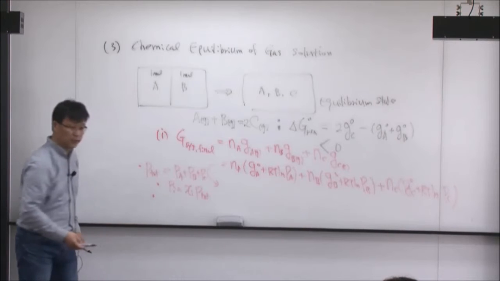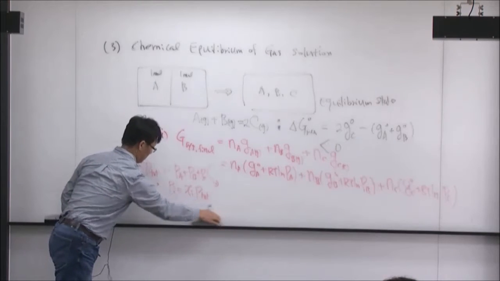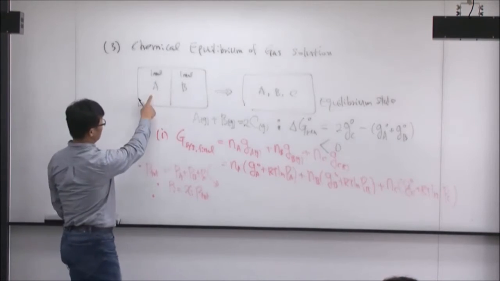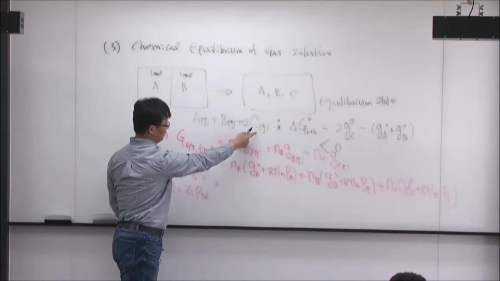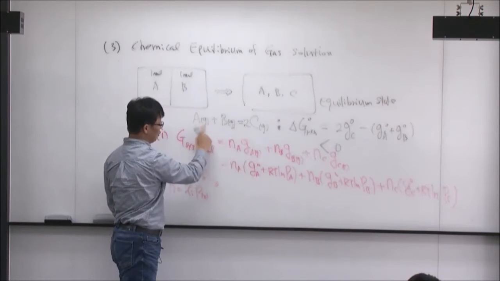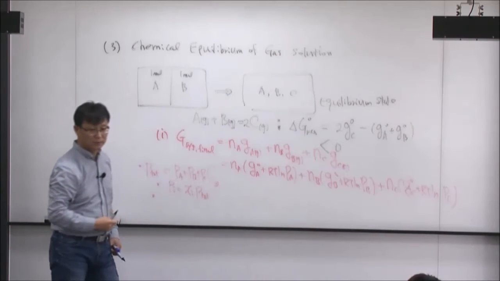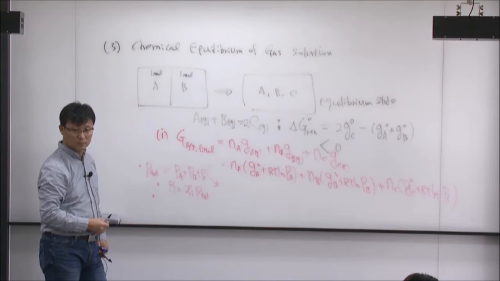And then there's one more constraint. Because we are originally adding A and B here, and it produces C, but the number of moles of C is twice the number of moles of A and B reacted.